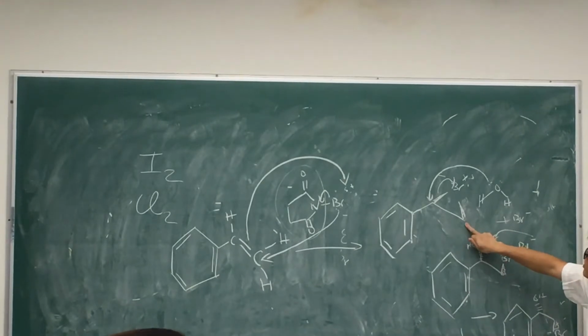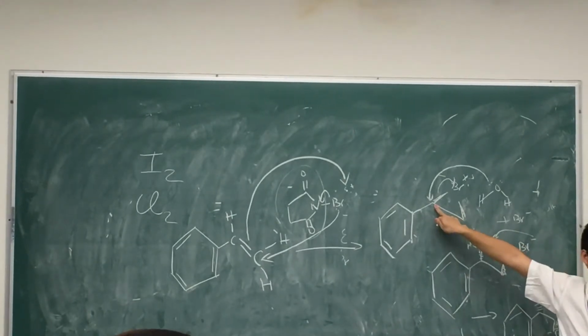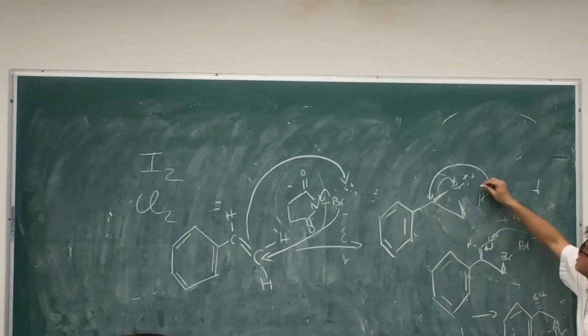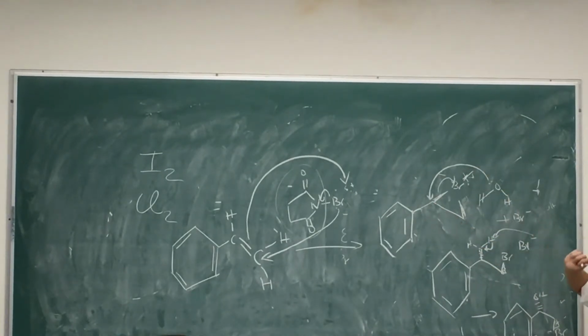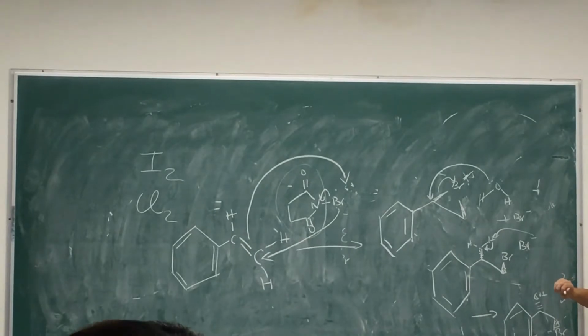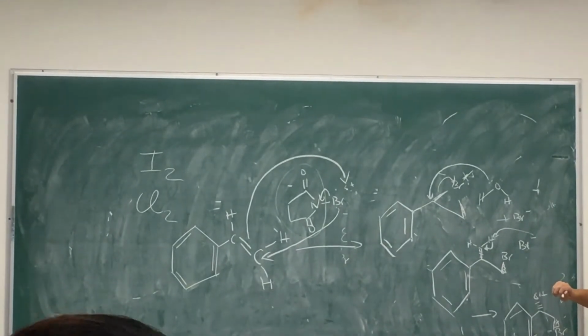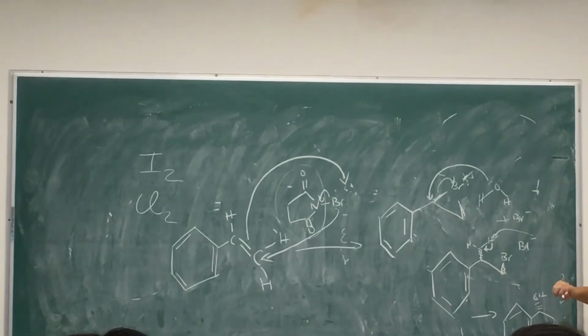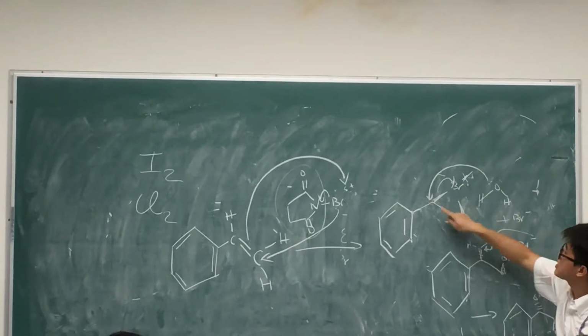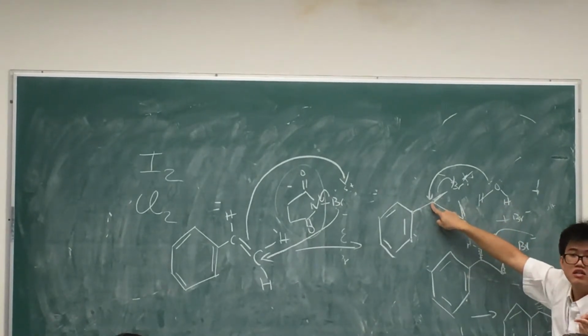And when you have this one, between these two positions, what attacks here? Oh, I made a mistake, and don't forget what mistake I did. I think the negative charge shouldn't be Br minus. Oh yeah, it's the same. Okay, so between the positions, this one is more stable because it's tertiary.